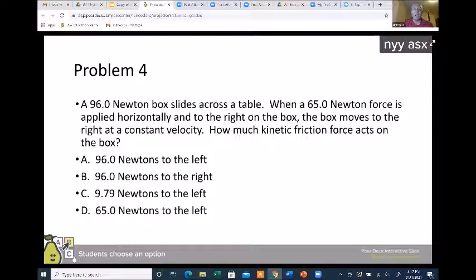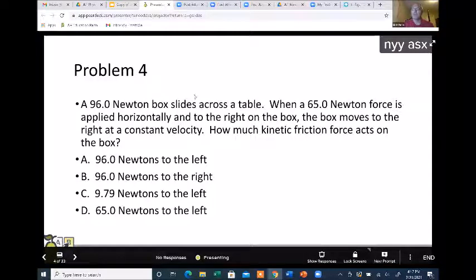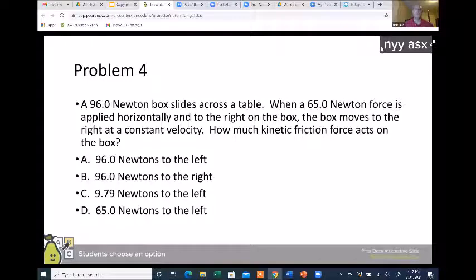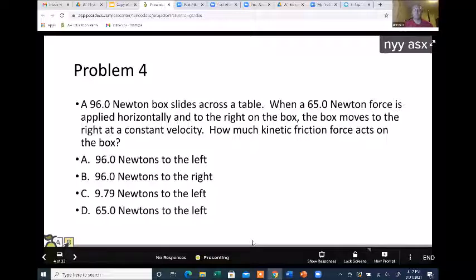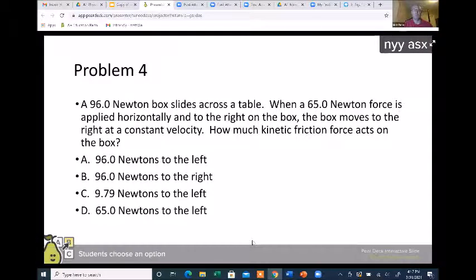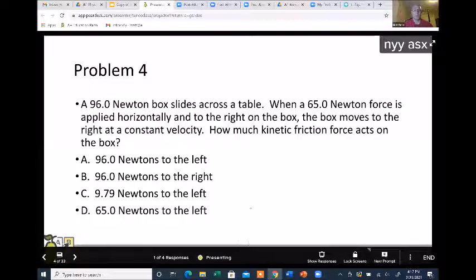So go ahead and type in what you think the answer is to problem number 4. Don't overcomplicate this one.